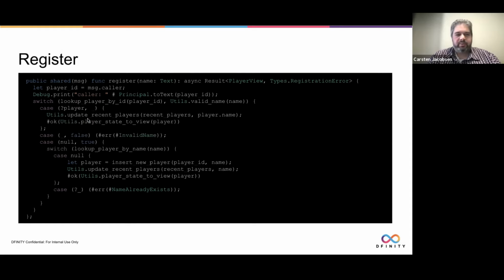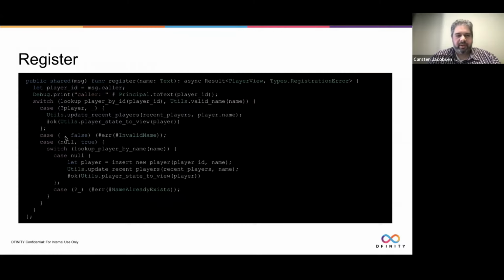And in this switch, we just say, okay, if we have a player, we can update our array of recent players, and we return an OK. This hash OK is saying, okay, this was successful, and therefore we return the player view.